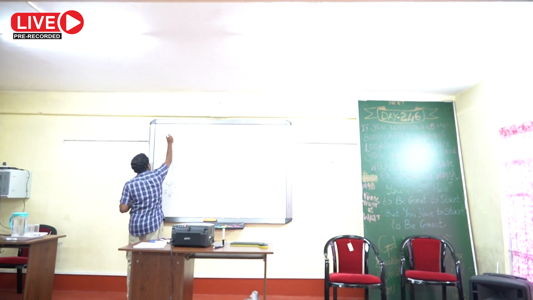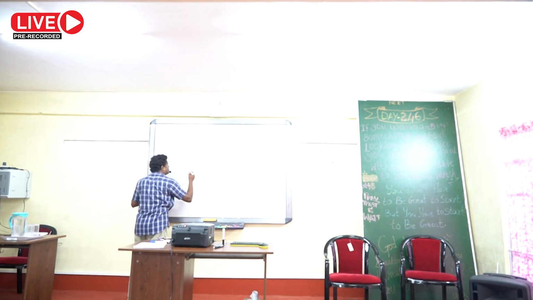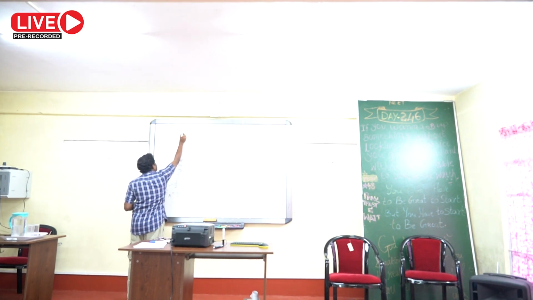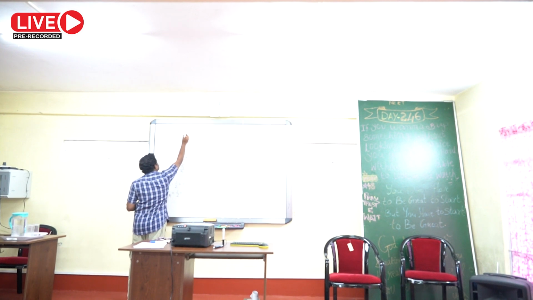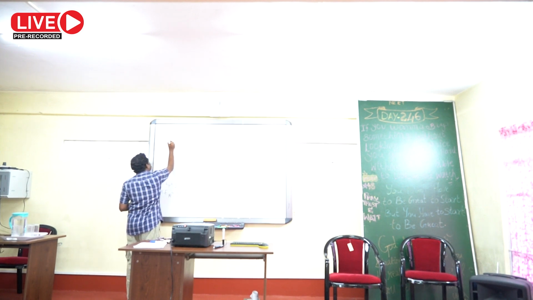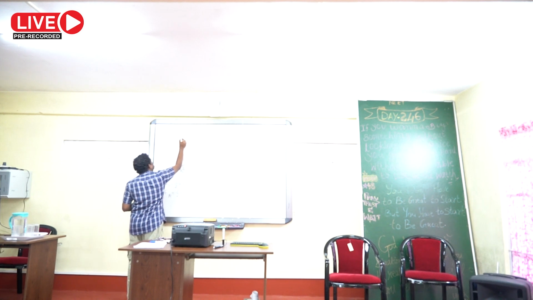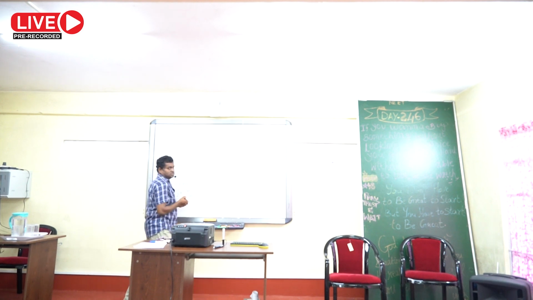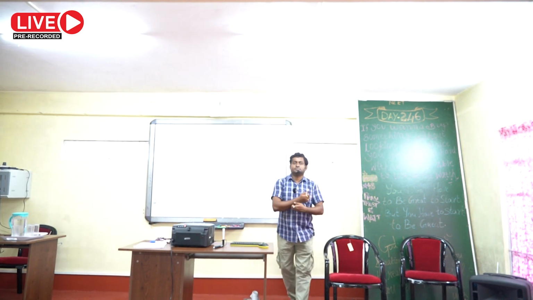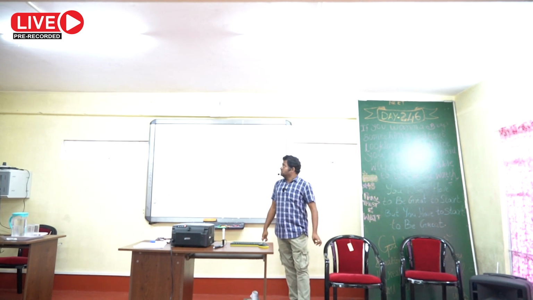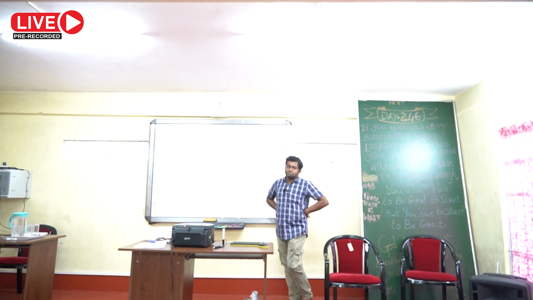So write Mk square, and that should be equal to summation mi ri square. Then k will be equal to the root of summation mi ri square by capital M. Capital M means the sum of all the masses, that's why I write summation mi.